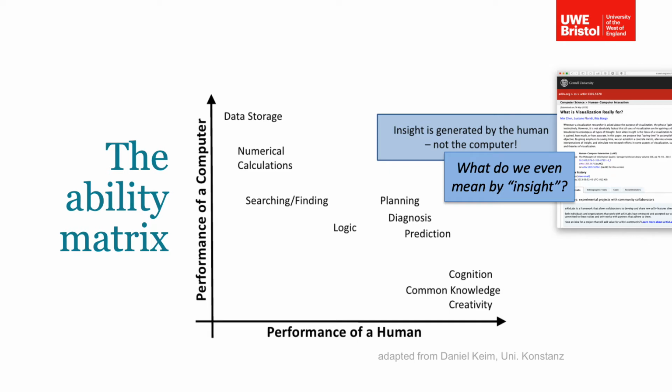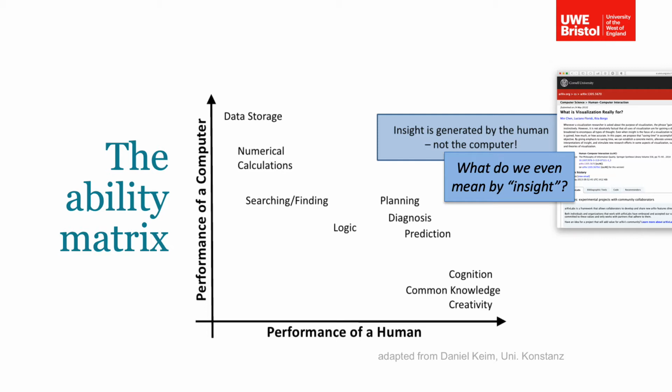Let us consider the ability matrix here. We know that computers excel in some tasks, and yet humans excel in others. Visual analytics aims to find the appropriate balance between the two. Often, people describe it as providing insight, yet we need to consider, what do we mean by insight?